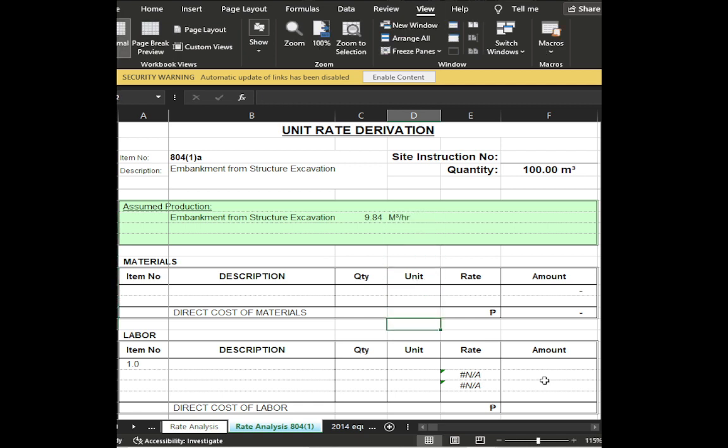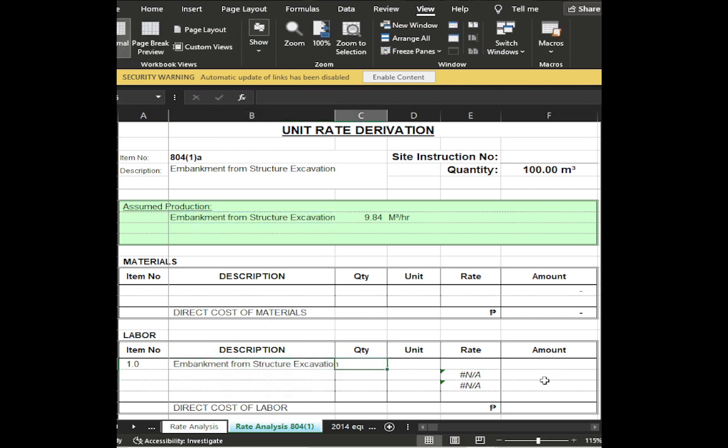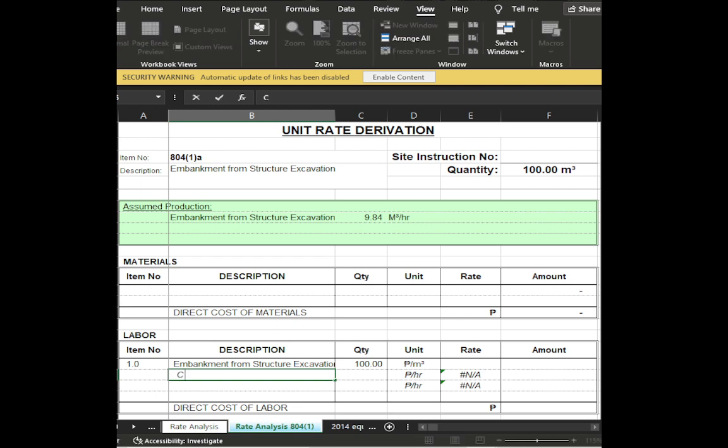So we have no materials. Then we'll follow the embankment description of this one. Then the quantity is 100 cubic meter, and our unit is per cubic meter, this is peso per hour, and we will use construction foreman.